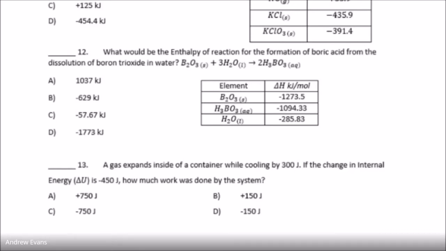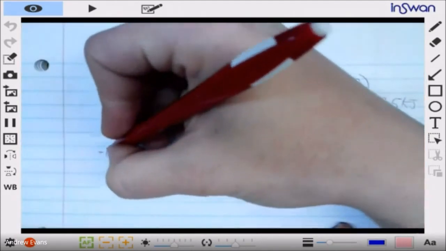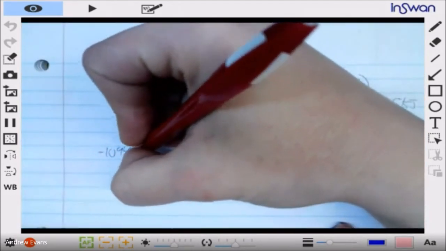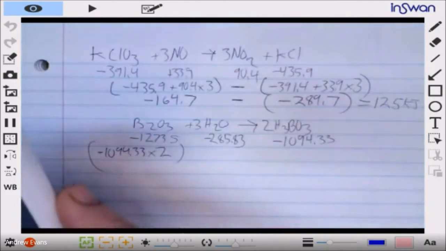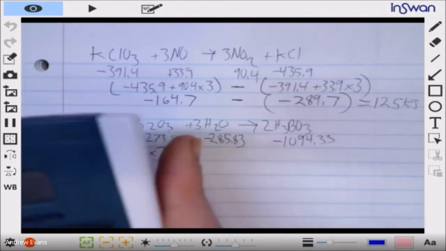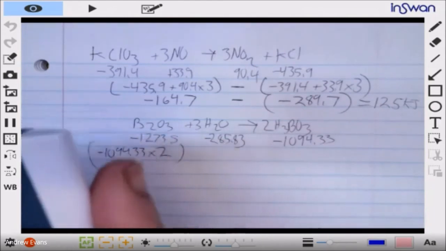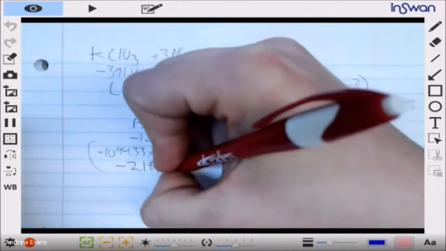So to do this, once again, products minus reactants. So products: negative 1094.33 times 2 is negative 2188.66.